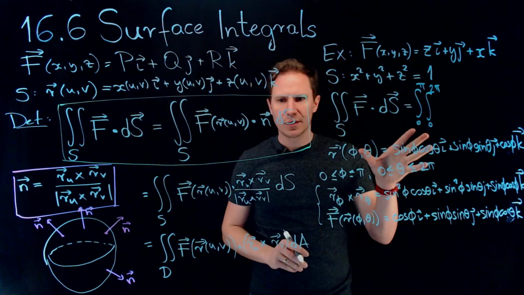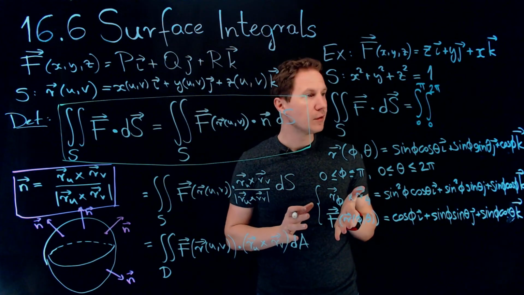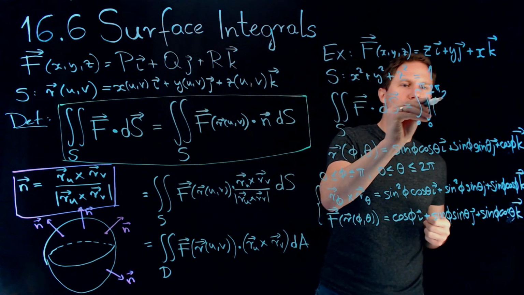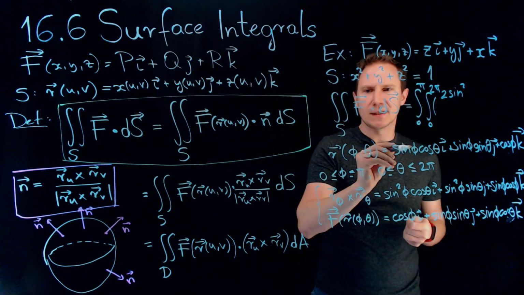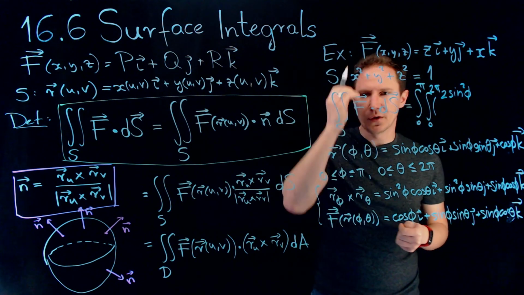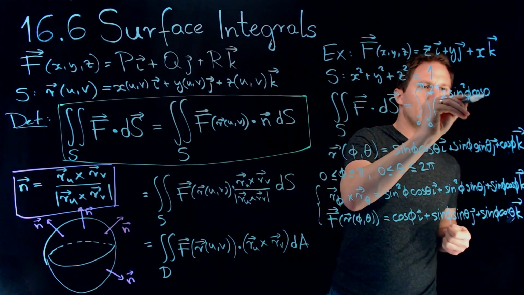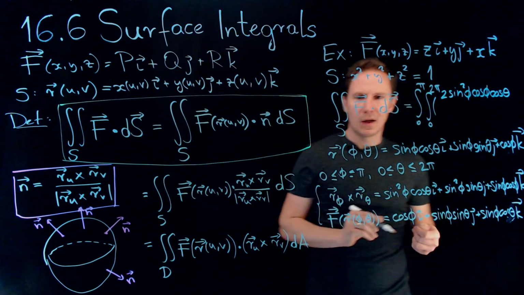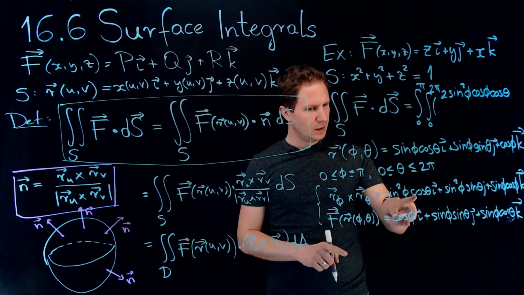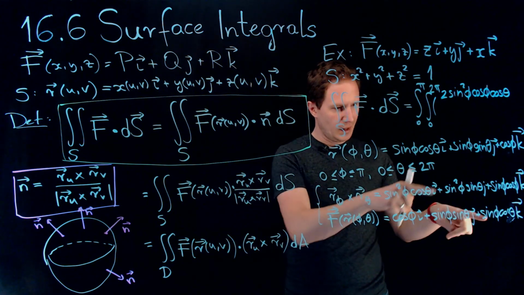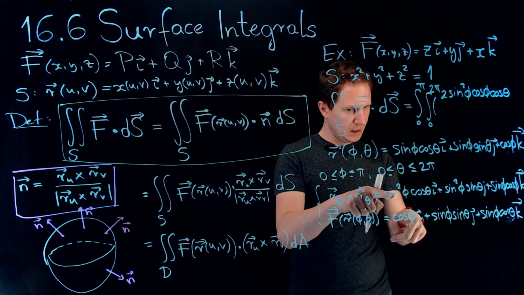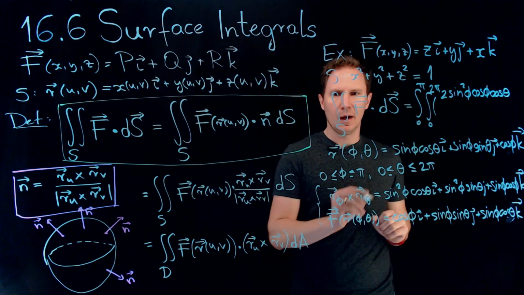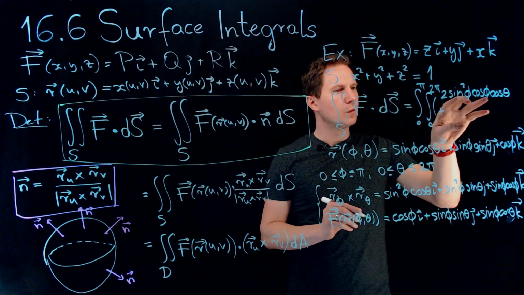So the function that we end up integrating is going to be 2 sine squared phi times the cosine of phi times the cosine of theta, plus, so that's from various components like this one and this one, you have these expressions twice.